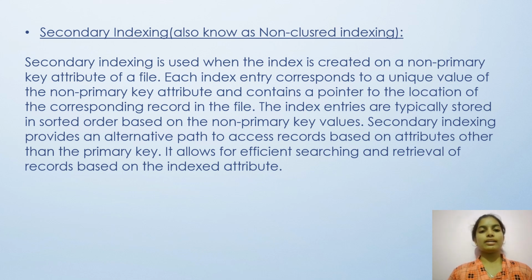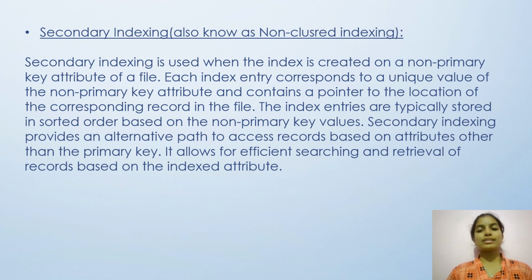The second type is secondary indexing, also called non-clustered indexing. A secondary index is used when the index is created on a non-primary key attribute of a file. Each index entry corresponds to a unique value of the non-primary key attribute and contains a pointer to the location of the corresponding record in the file.